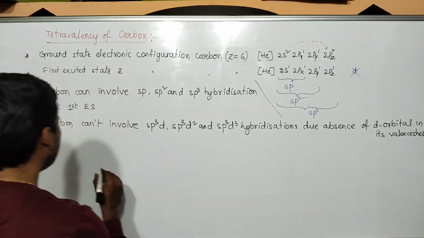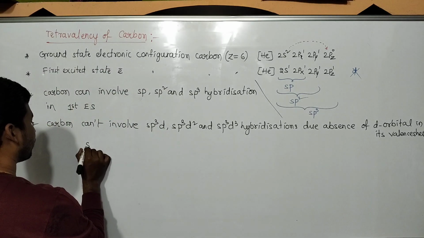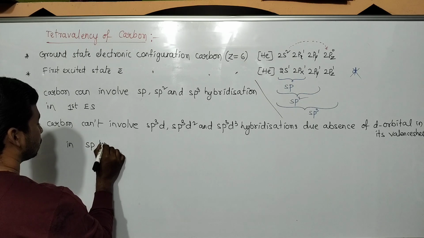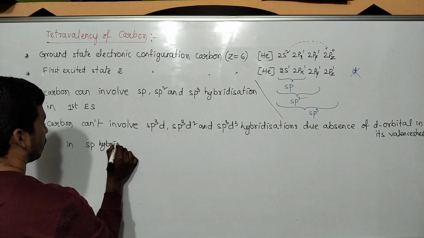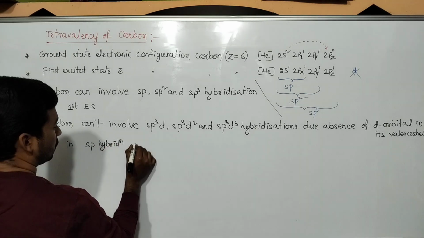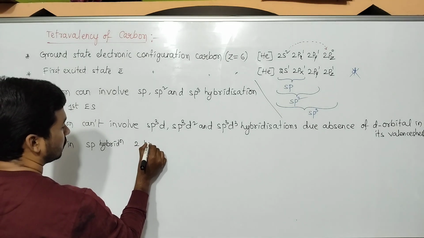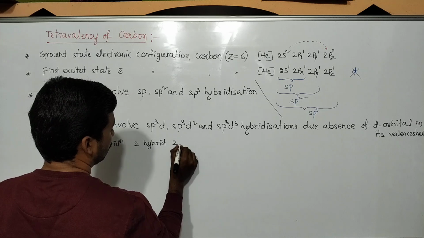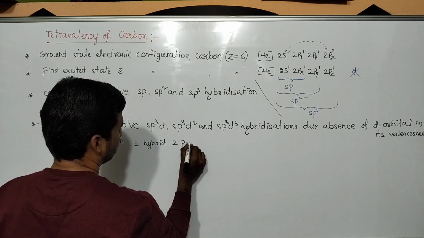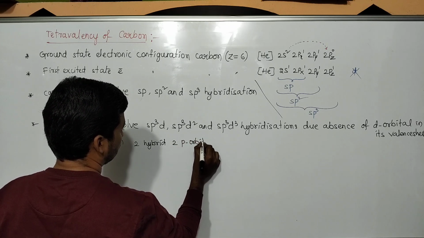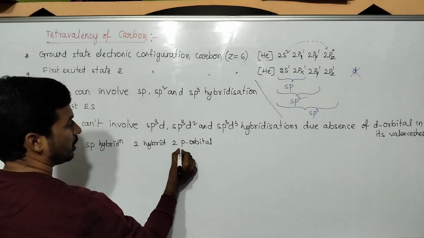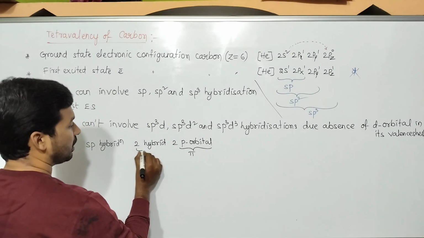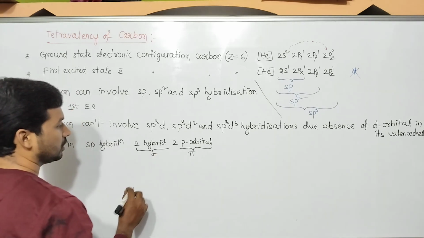In sp hybridization, there are two hybrid orbitals and two p orbitals. These p orbitals participate in pi overlapping and hybrid orbitals participate in sigma.